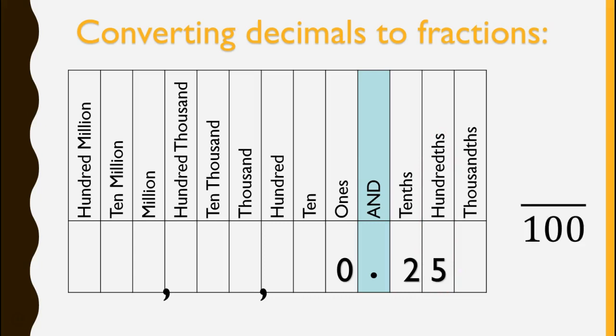And then you just take away that decimal and anything on the right side, you're going to make that your numerator. 25 hundredths. Pretty cool. Then you could simplify this down because you could divide 25 out of the numerator and 25 out of the denominator and you would end with 1/4. If you don't know how to simplify fractions, you'll want to go back to that video too and practice that.